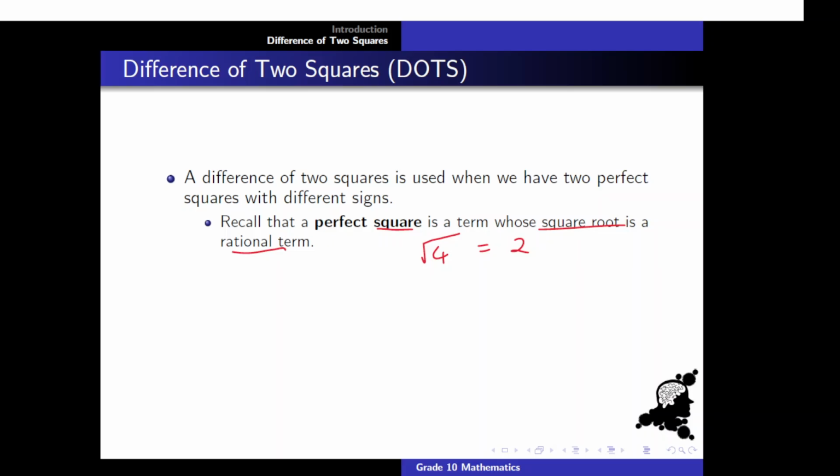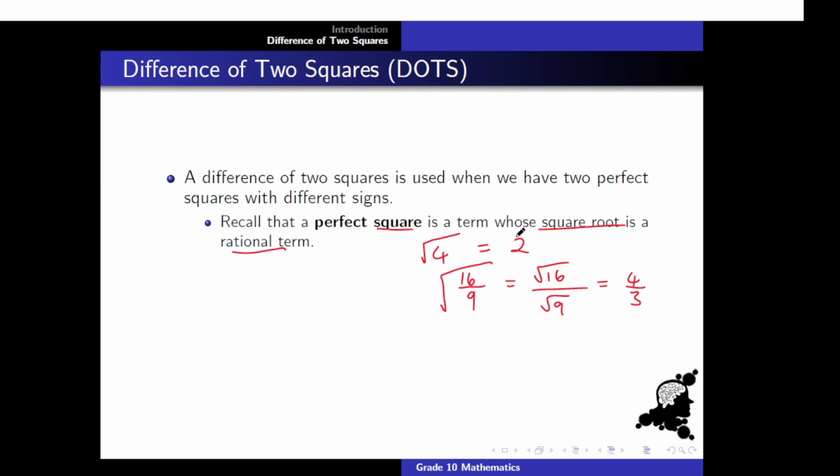I can also see if I have something like, let's say, 16 over 9. This is still a perfect square, because if I find the square root of 16 over 9, this is equivalent to saying the square root of 16 divided by the square root of 9, which will actually give me 4 over 3. So take note that a perfect square does not only have to be a number, it can be a fraction.